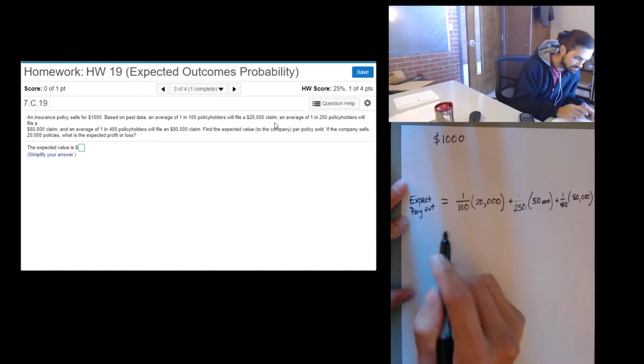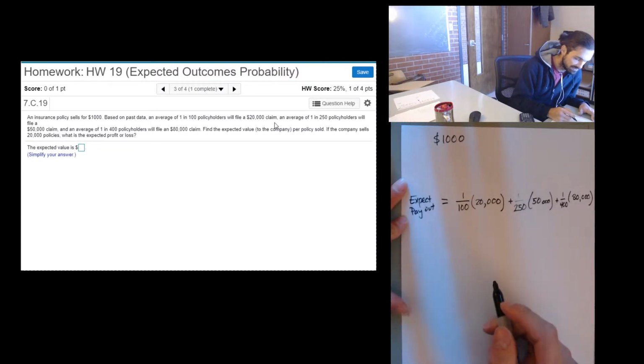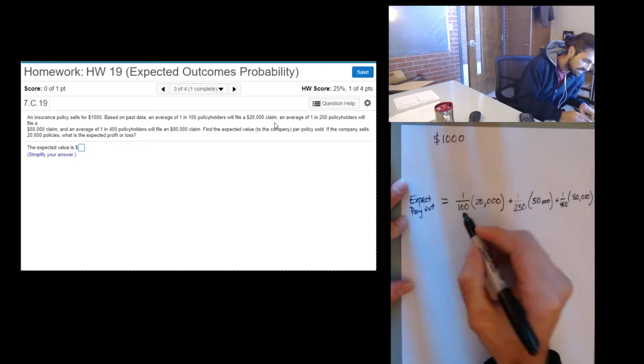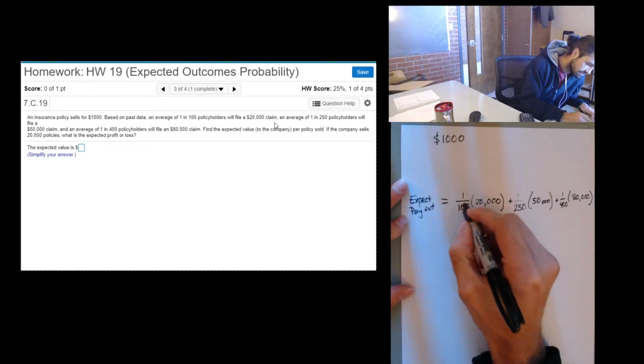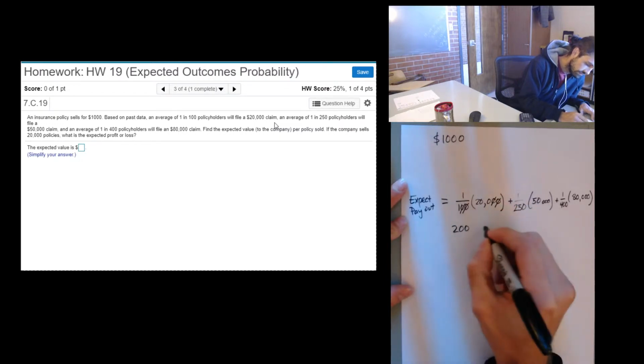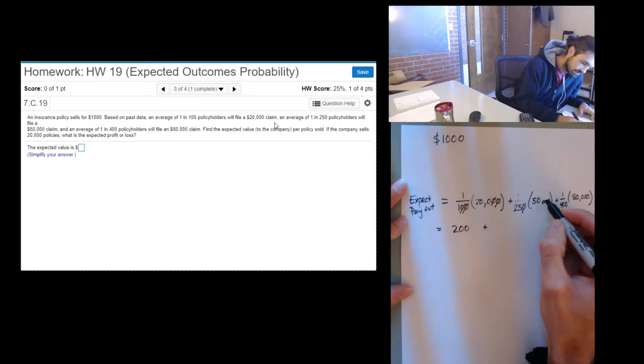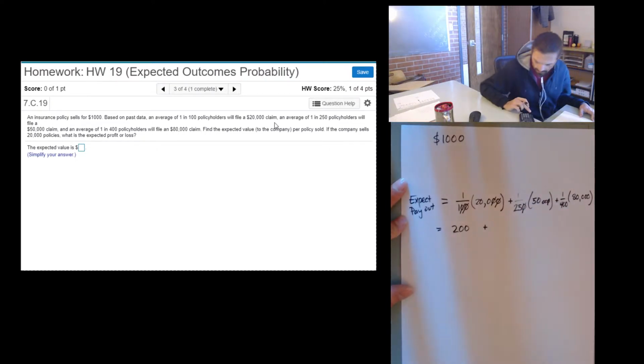Okay, so we need to crunch these numbers. We can do some simplification beforehand. So we can cast out some zeros. 1, 2, 1, 2. So this becomes 200 plus, cast out a 0, 5,000 over 25. 5,000 over 25 would be 10,000 over 50, which would be 1,000 over 5, which would be 200.